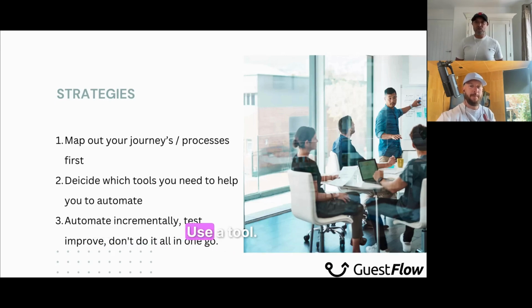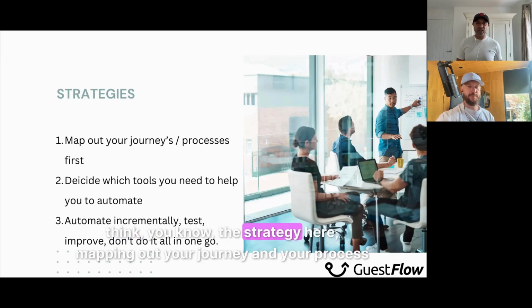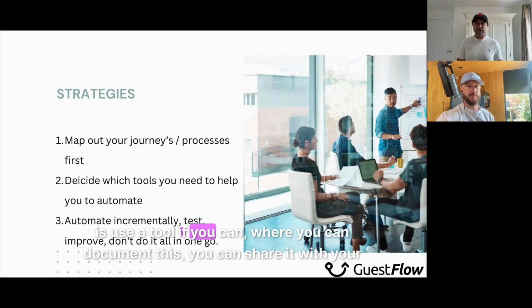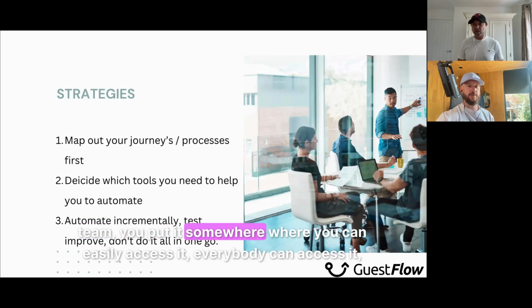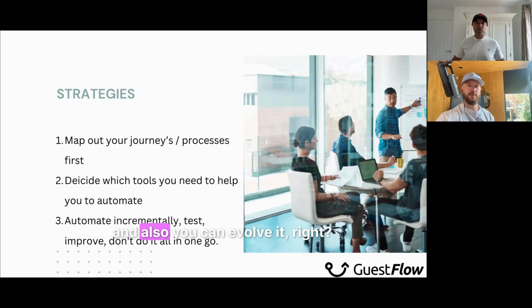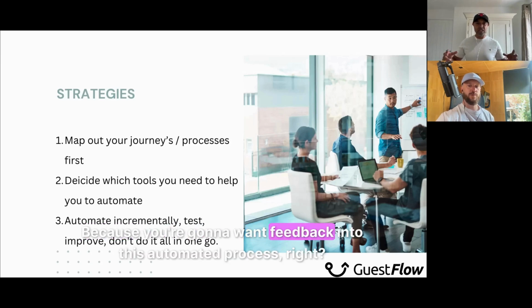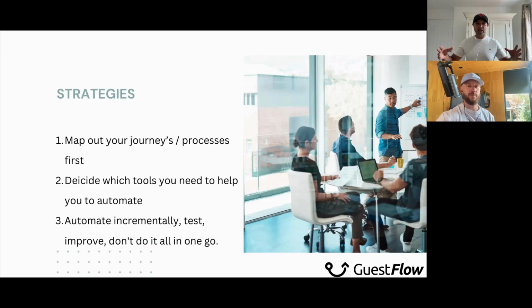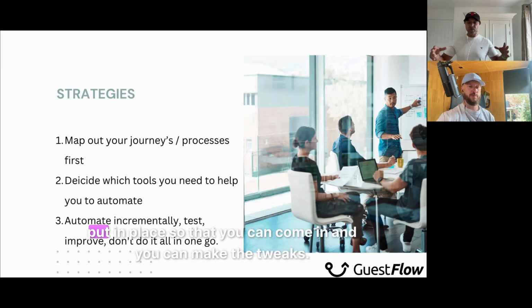Yeah, absolutely. Use a tool. I think the strategy here, mapping out your journey and your process, is to use a tool if you can, where you can document this. You can share it with your team. You can put it somewhere where you can easily access it. Everybody can access it, and also you can evolve it, right? Because you're going to want feedback into this automated process, and into the automations that you put in place, so that you can come in and make the tweaks.